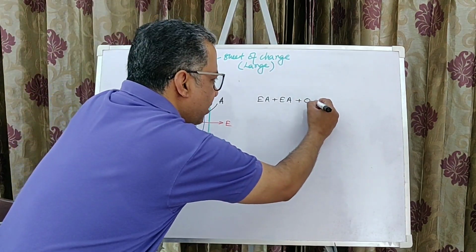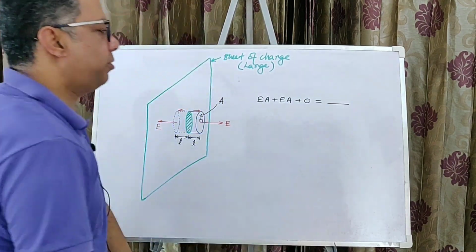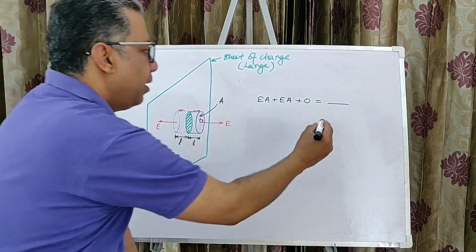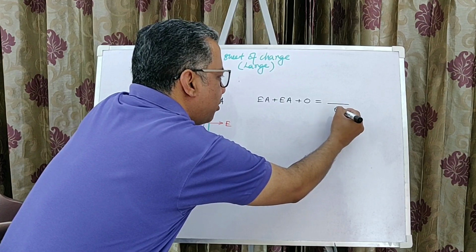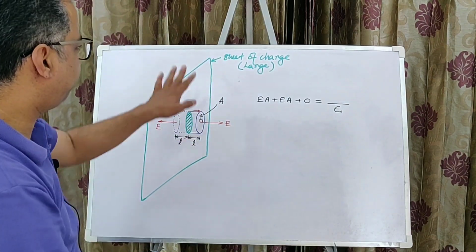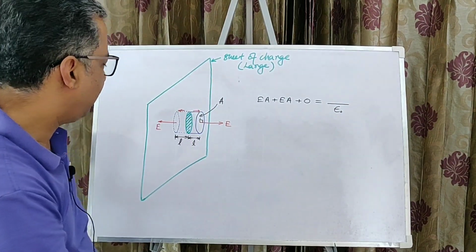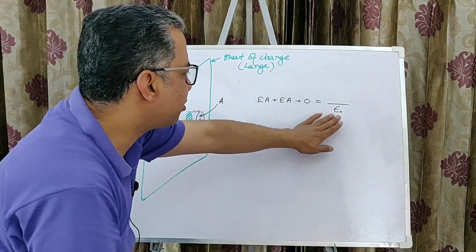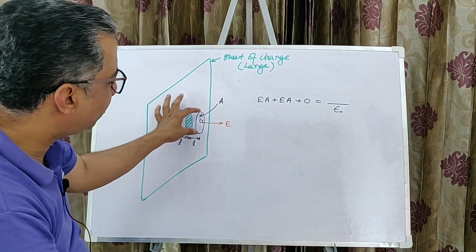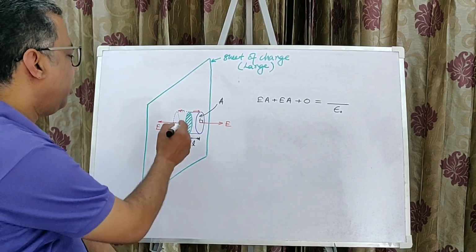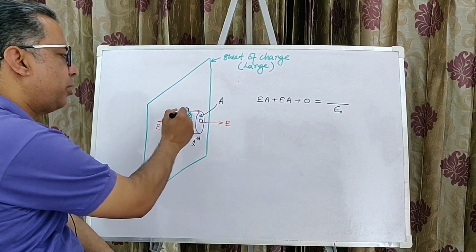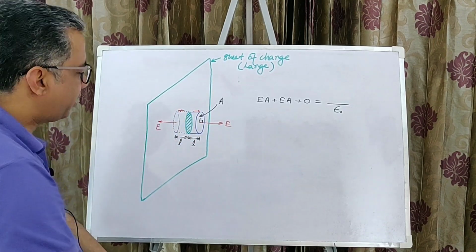Now this total flux will be equal to the enclosed charge divided by epsilon naught. The total charge enclosed inside this Gaussian surface will be the charge on this shaded green portion of this sheet.